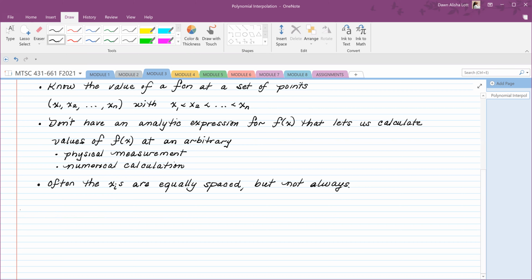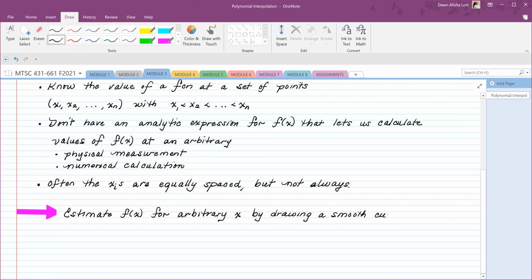Okay, so what our goal is: we want to estimate f of x, for an arbitrary x, by drawing a smooth curve through and perhaps beyond the x's.